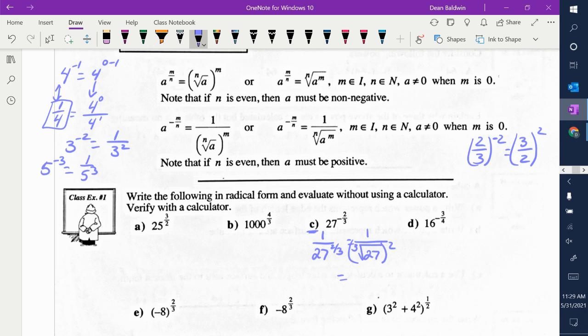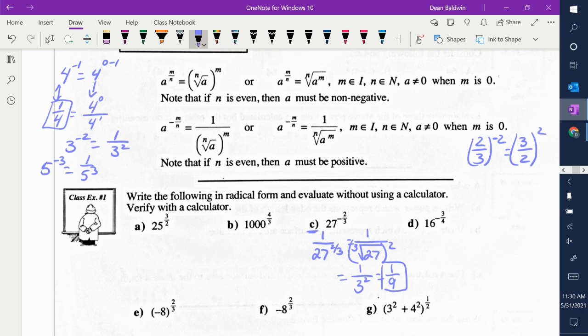What's the cube root of 27? Anybody know? 3. And then it's squared. What's 3 squared? 9, so 1/9.